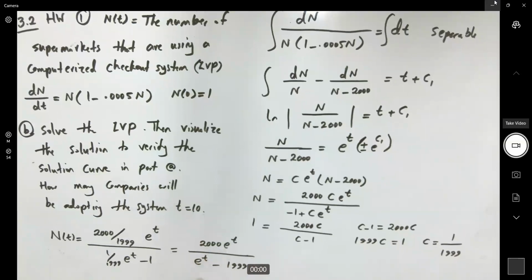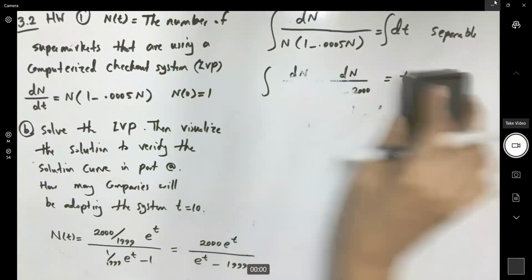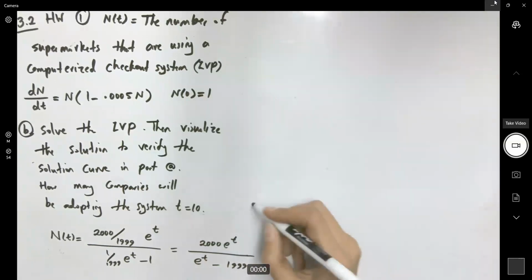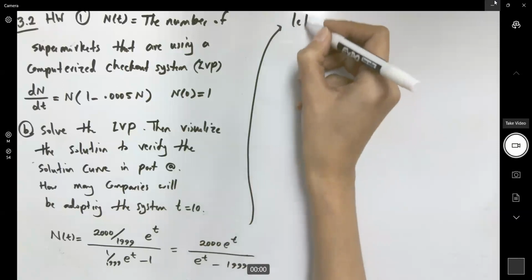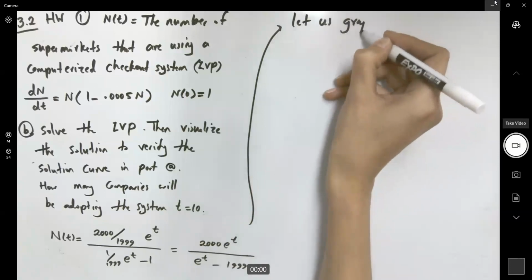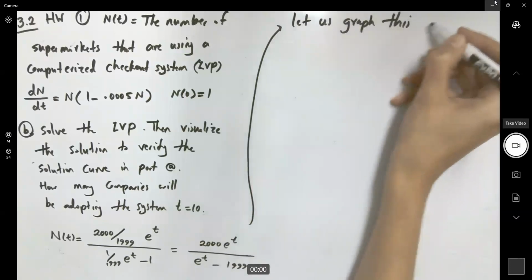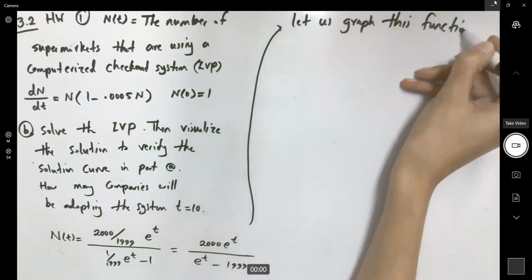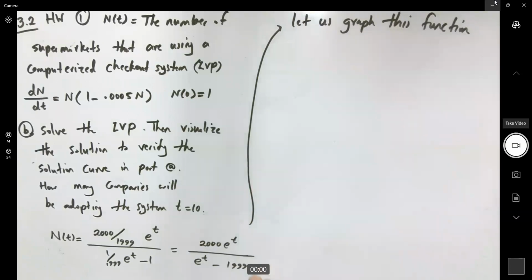If we graph this solution, what do we get? Let us graph this function. The solution of the differential equation is just a function. Here you can use Desmos to visualize this function.